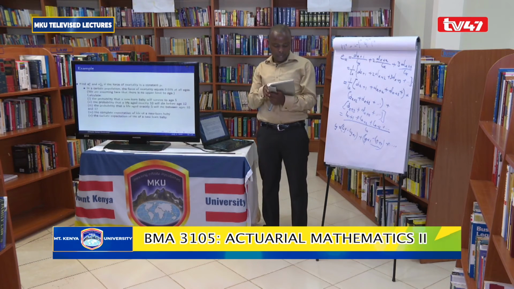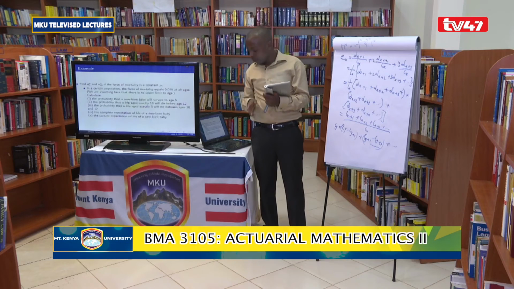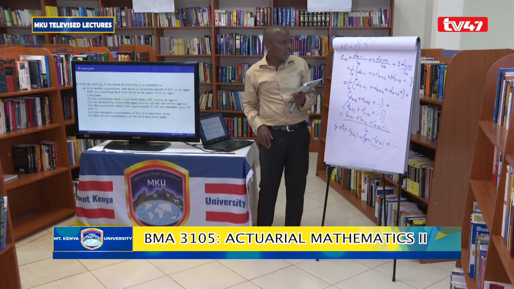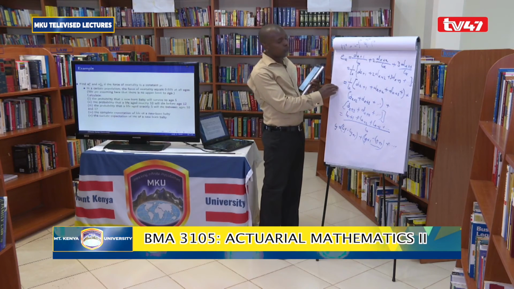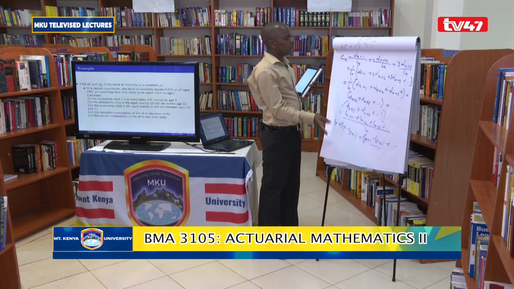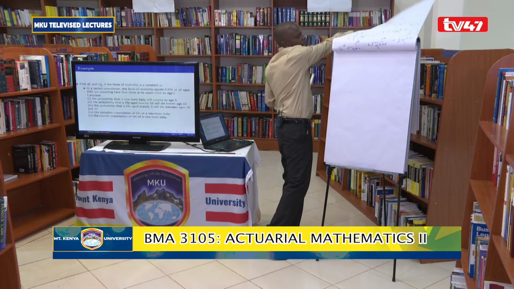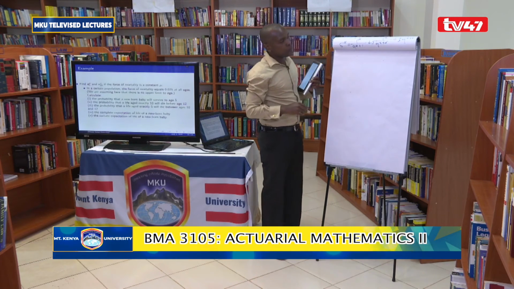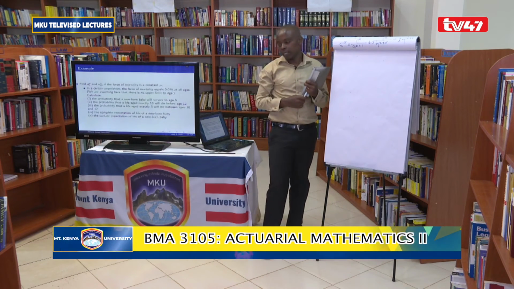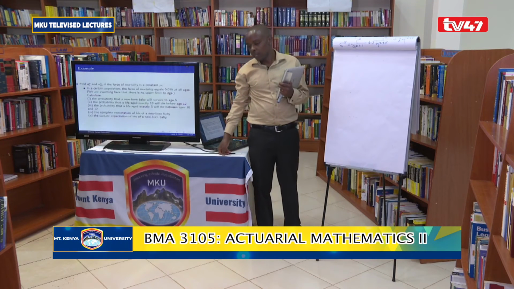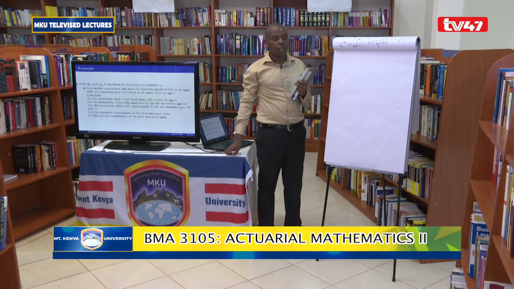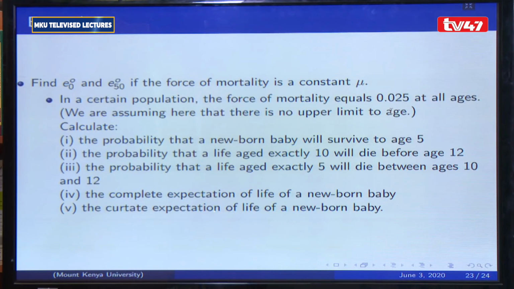So then there is something that I want us to investigate here. When you're dealing with constant force of mortality, in our subsequent lessons, we'll look at assumptions when working with force of mortality or when dealing with mortality probabilities. And one of them is the uniform distribution of death.